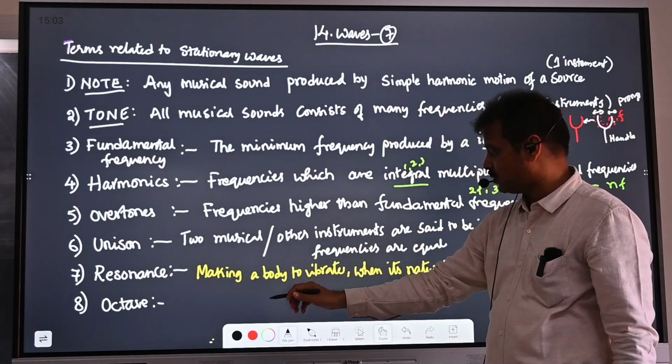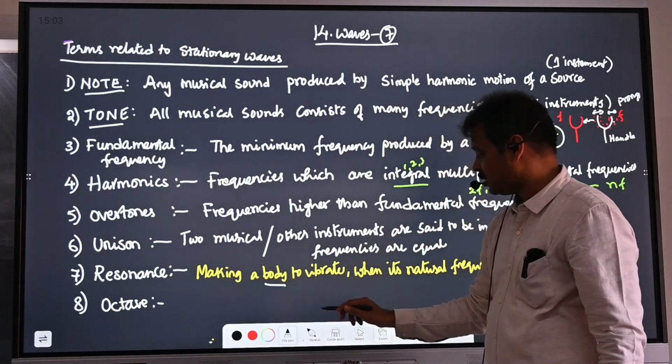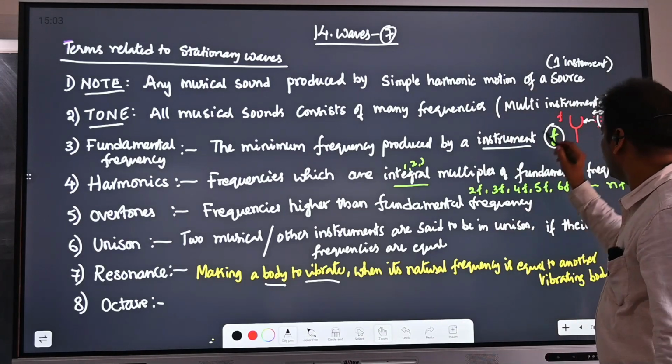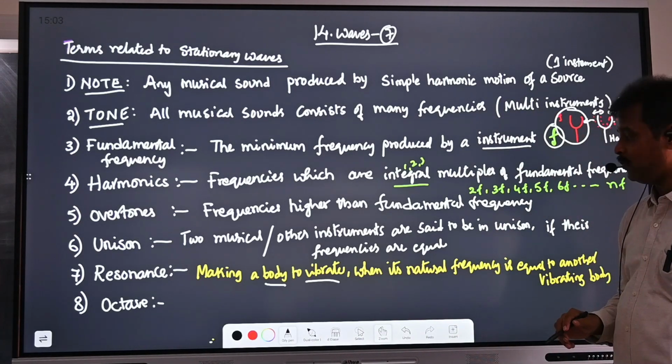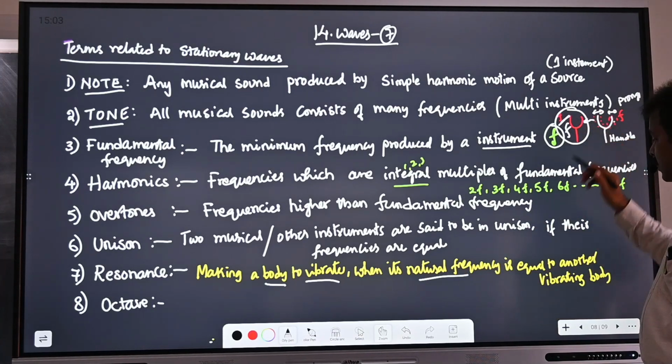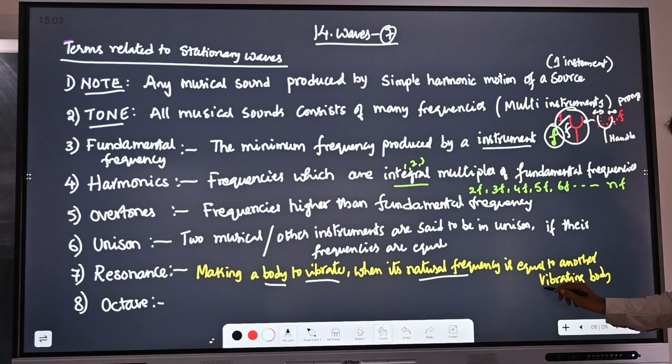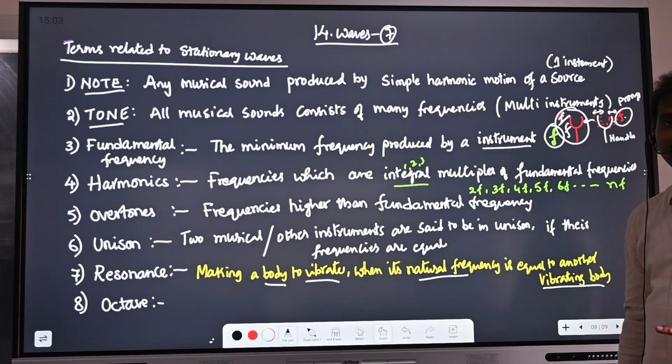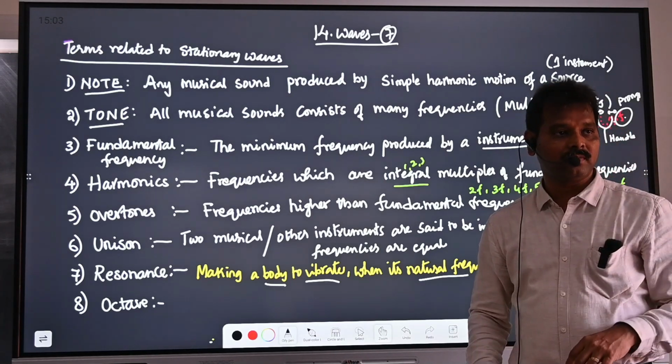So what is resonance? Making a body vibrate when its natural frequency F is equal to that of another vibrating body. If these two frequencies are equal, if one is vibrated, the other one also vibrates. This is called resonance.